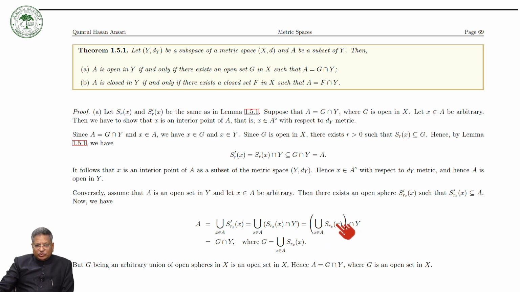Let us call this union G. So G is an open set in X, because each S_r(x) is open in X. And hence A is equal to G intersection Y, where G is open in X. So this way we can prove that a set A is open in Y if and only if there exists an open set G in X such that A is equal to G intersection Y.